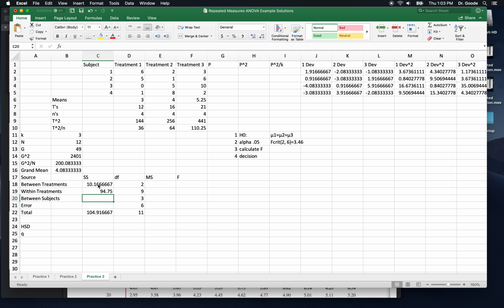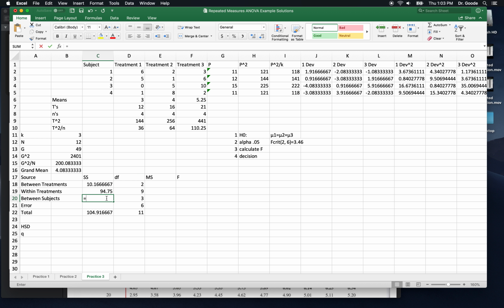Great. Now we need between subjects sum of squares, so we'll need our p's. So it's kind of like doing between treatments, except it's between subjects, where you get p's, which are kind of like t's for treatment conditions, right? And then p squared is just squaring it. And then p squared over k, but I want to make sure it's the same k for every participant, each one of our 4 participants.